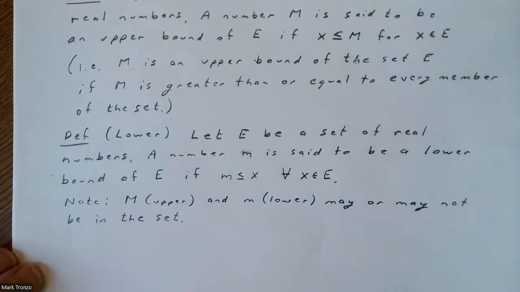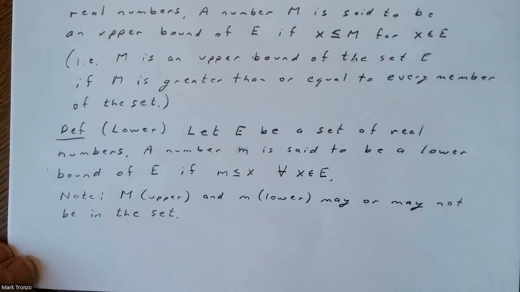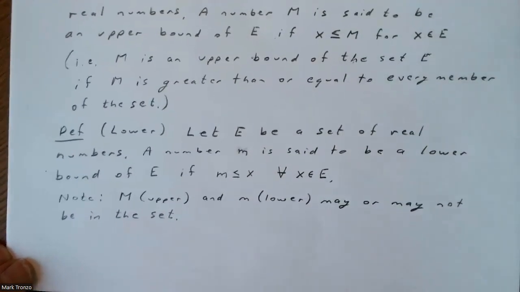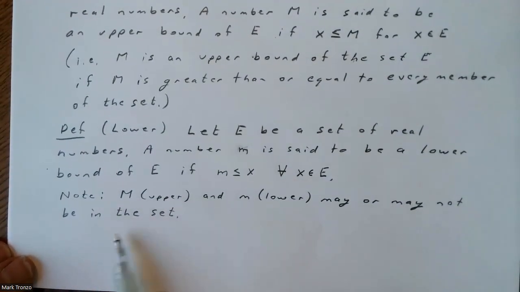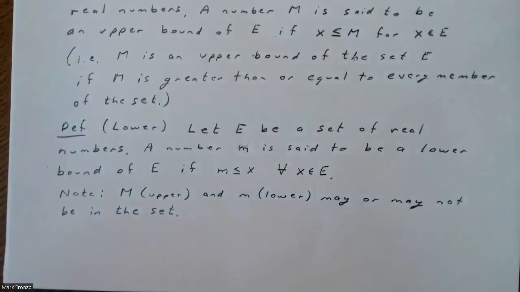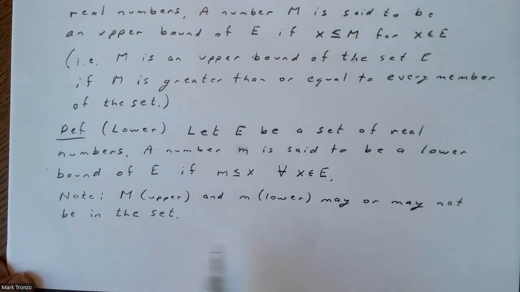And of course, if it's in the set, then it's going to be greater than all the members of the set except that one, that highest one that it is. And that's a good question, because we're going to have some examples that involve whether or not something's in the set.